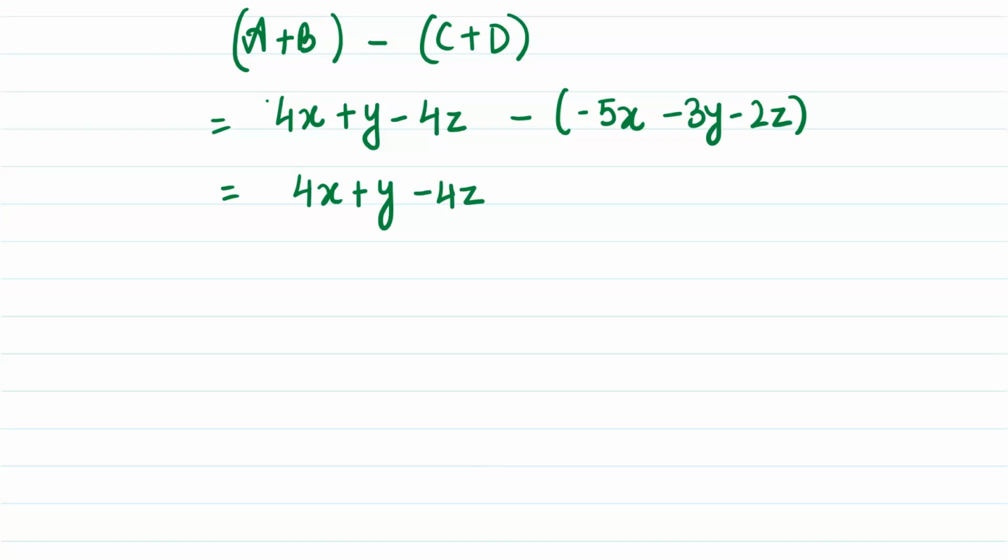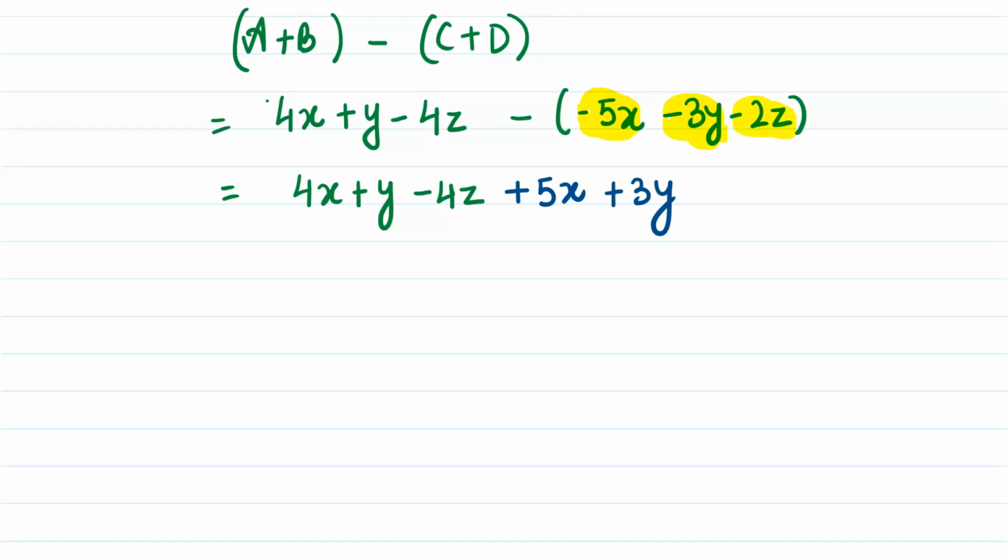So let's look at the terms. The first term is negative 5x. Because of the negative sign outside, it will become plus 5x. Second term is negative 3y. And again, because of the negative sign outside the bracket, it will become plus 3y. The last term is minus 2z.